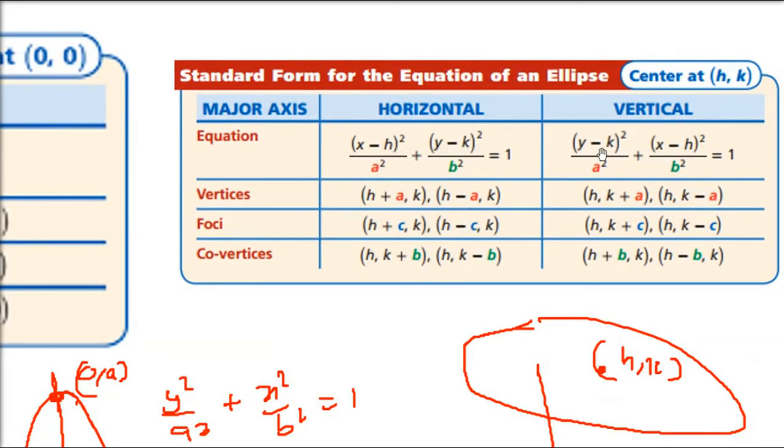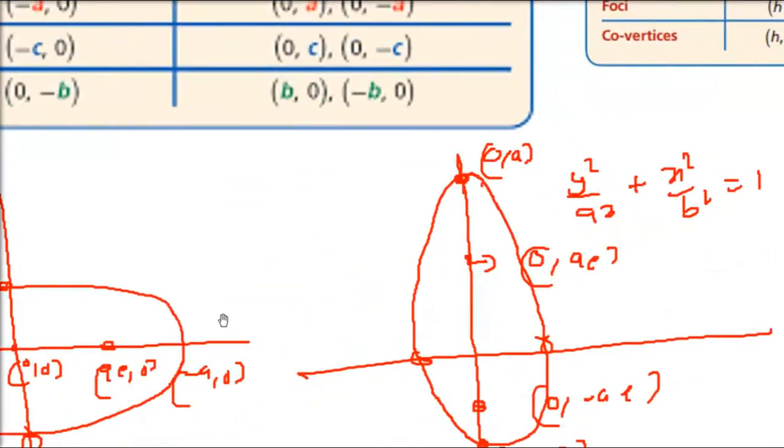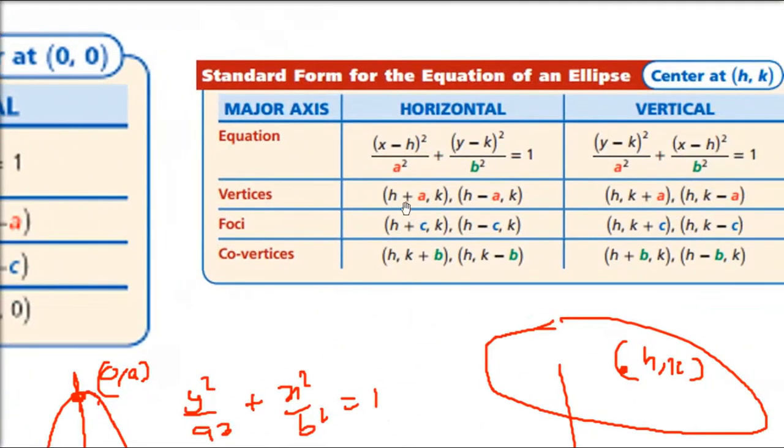So x minus h whole square and y minus k whole square will replace x square and y square. When we are talking about the horizontal ellipse, the changes are on the x-axis. So the vertices will be h plus a and h minus a, and the foci will be h plus c and h minus c. So you are adding and subtracting on the x-axis.